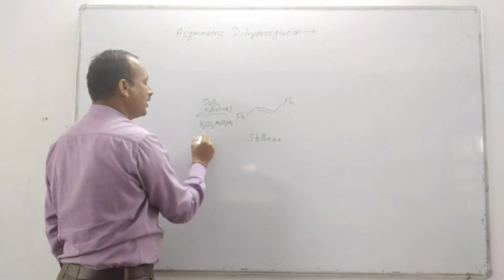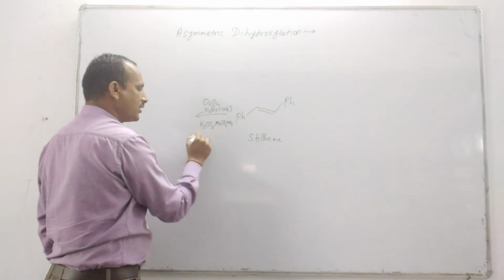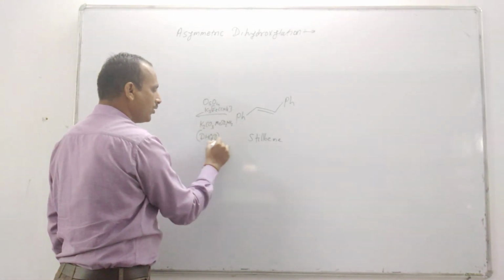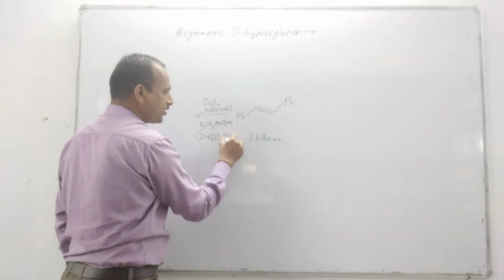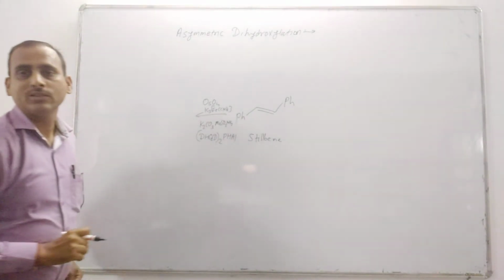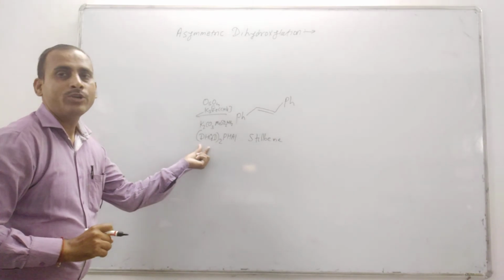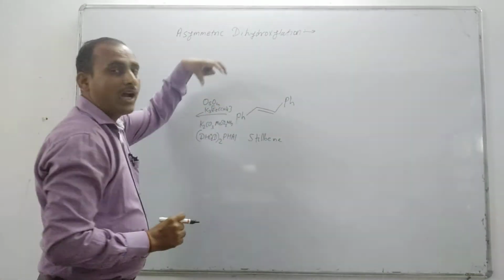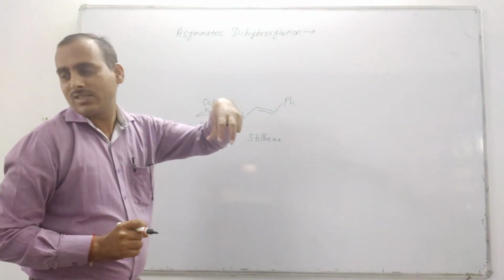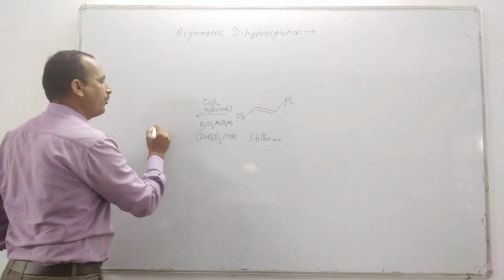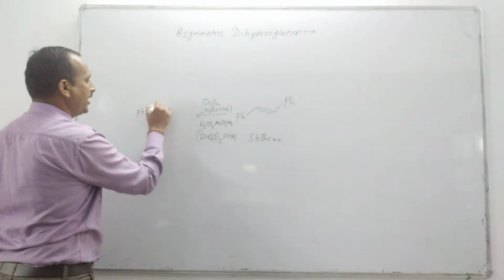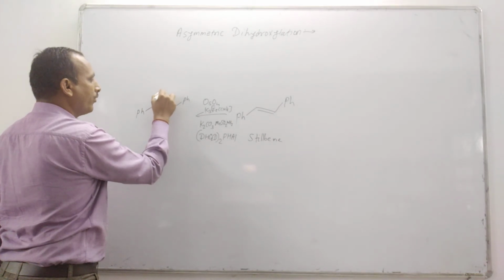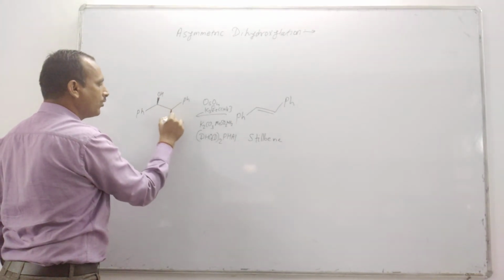These are the additives, and if there is (DHQD)2PHAL phthalazine chiral ligand present, then DHQD attacks from the top face, and therefore the product obtained is OH.